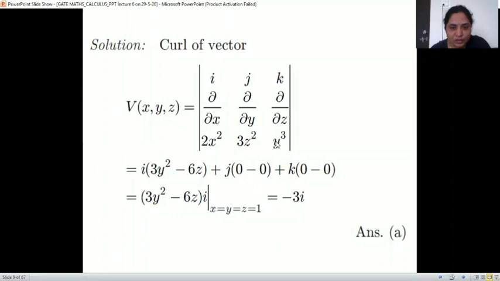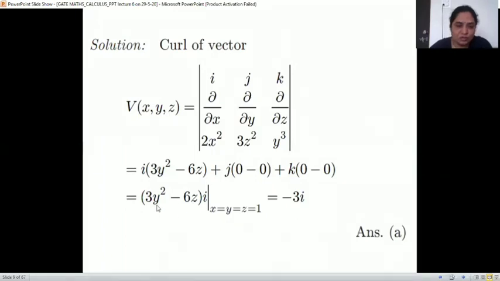So dou by dou y of y cube, 3y square, minus 6z, plus j bar, dou by dou z of this, that is 0, and dou by dou x of y cube is also 0, plus k bar, this is 0 and this is 0. So all these things are 0 and this is just this one. But we have to find it at x, y, z equal to 1.